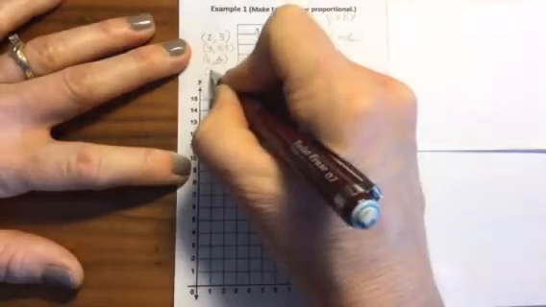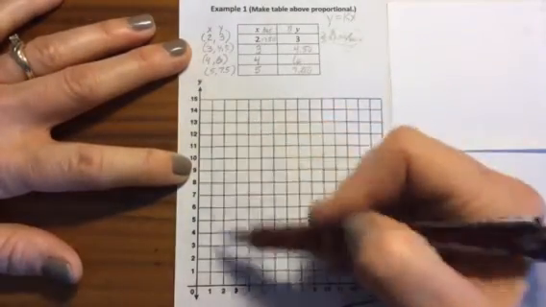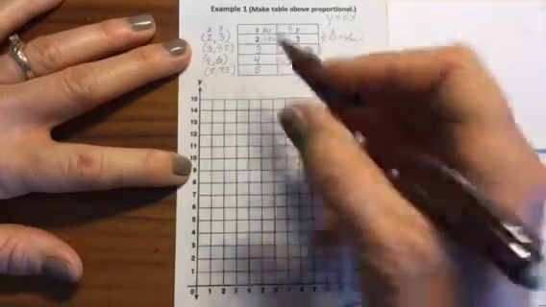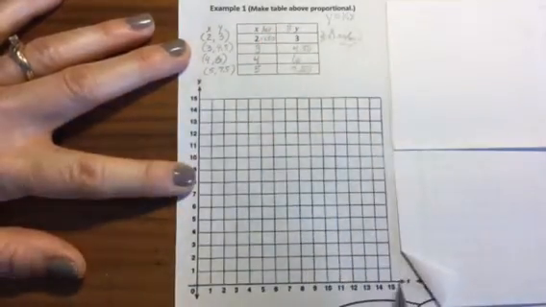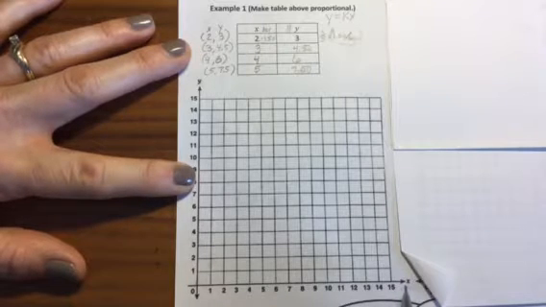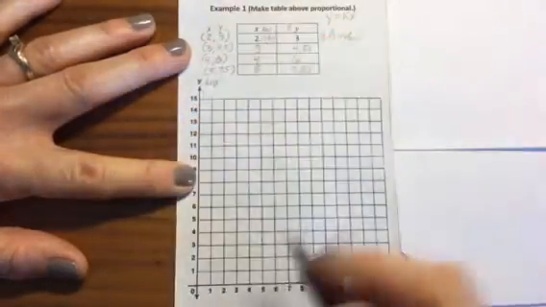And then I'm going to plot 5, 7.5. My X's always come first in my ordered pair, my Y's are second. When I look at my graph, my Y coordinate is always on the vertical axis, and my X coordinate is always on the horizontal axis. Remember, this is independent, and up here Y is the dependent variable.